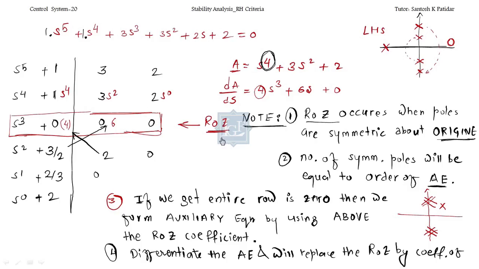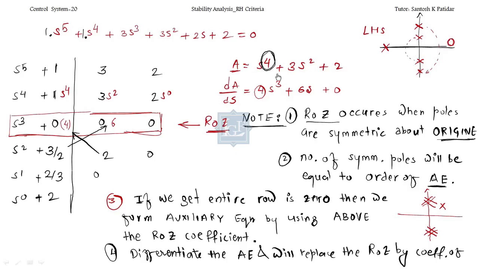The row of 0 indicates the symmetric poles about the origin. How many poles will be symmetric? It will be decided by the order of the auxiliary equation. For this question you have 4 poles symmetric about the origin. Now for this particular question, no pole will lie on the RHS of the s-plane.